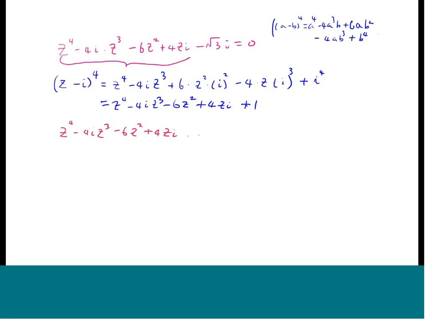The plus 1 is correct, then minus 1, minus square root of 3 i. So in the original equation, I just add 1 and minus 1. Nothing really changed.